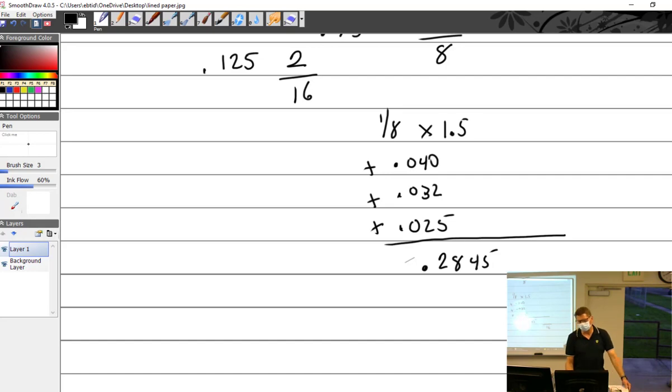So how many 1/16 of an inch rivet do I need? 4.552. So the rivet size I would use is a 4.5. There you go. Good job.